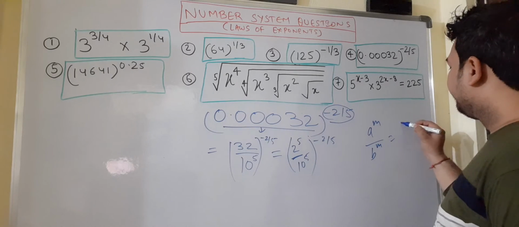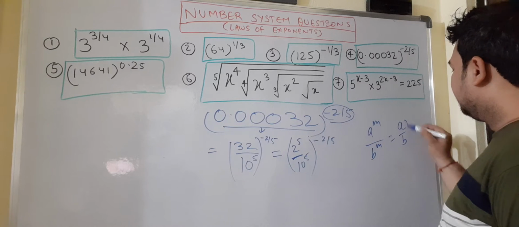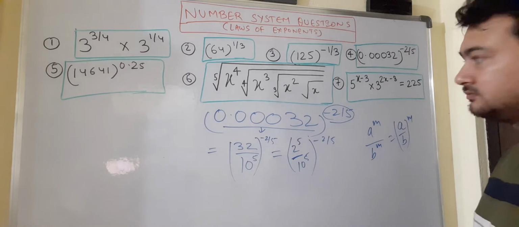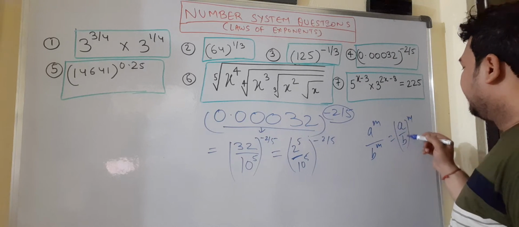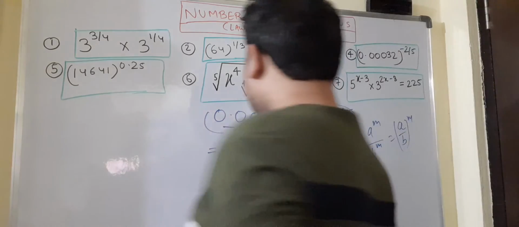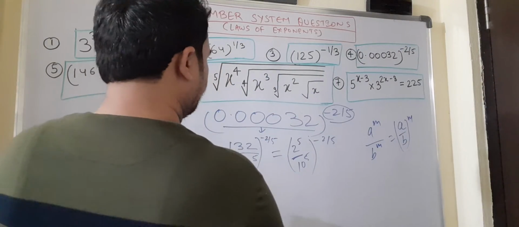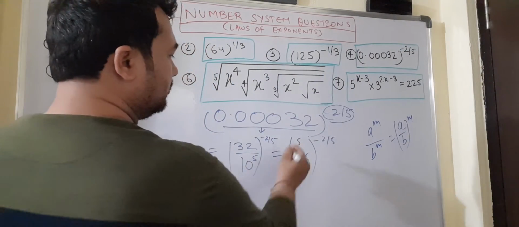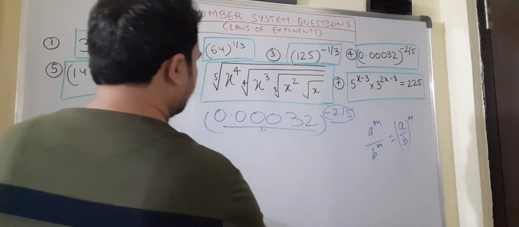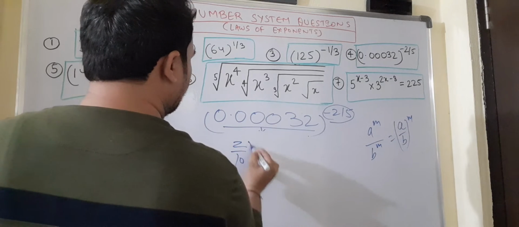What you do? You put the same power. This will be a by b whole to the power m. So you can write this as 2 to the power 10 whole to the power 5.